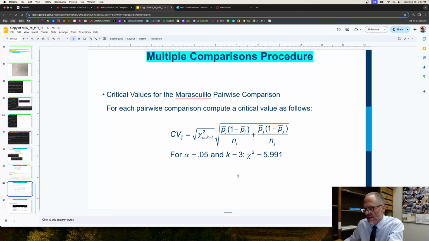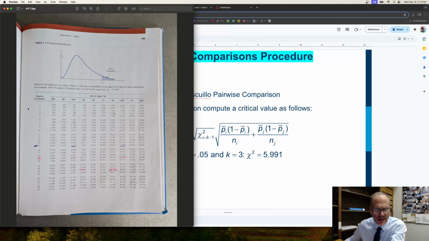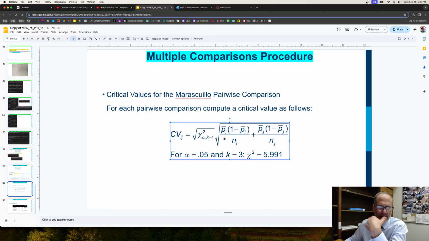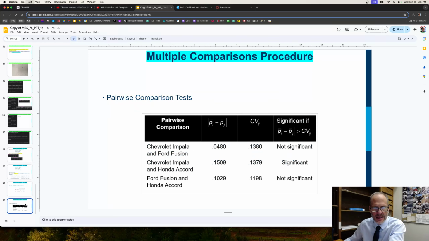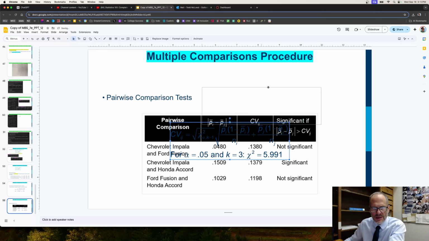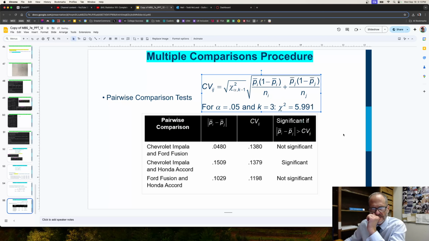If we look at our little table, when we have k equal to 3, for degrees of freedom we have k minus 1, which is 2, and we have 5.991 right here at the 5% level of significance for 2 degrees of freedom. That is all going to be computed in the next and final slide. And so here I put this formula up here so we could see it.